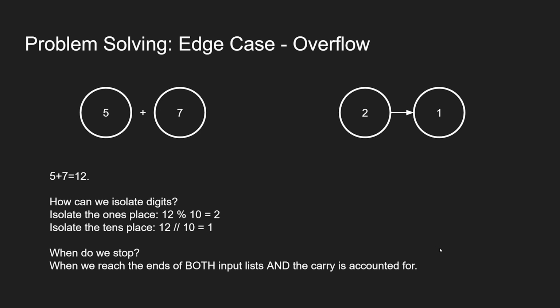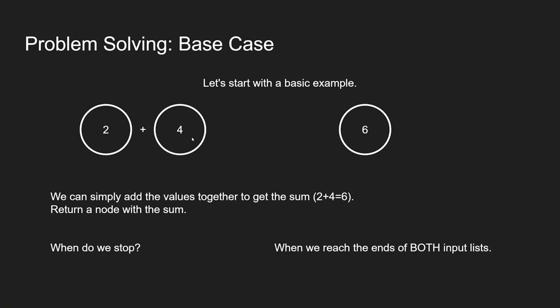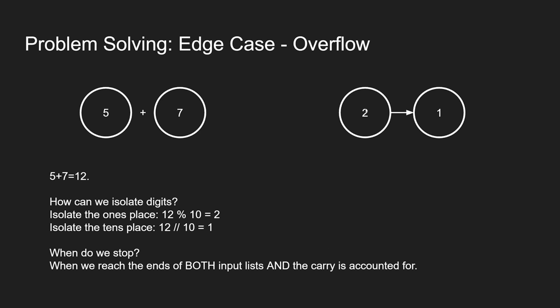Now it gets a little bit trickier with edge cases. So remember, we need this carry of 1 because 5 plus 7 is 12. And if we just did our stopping after we finished the nodes, then we would just get a node that says 2.